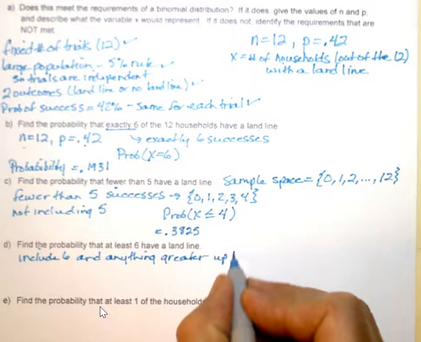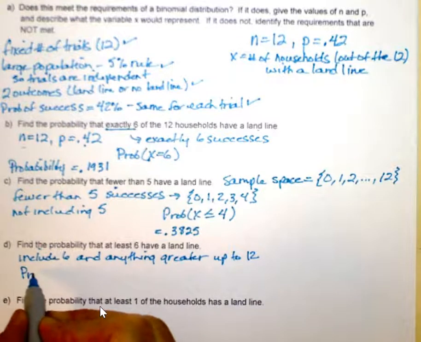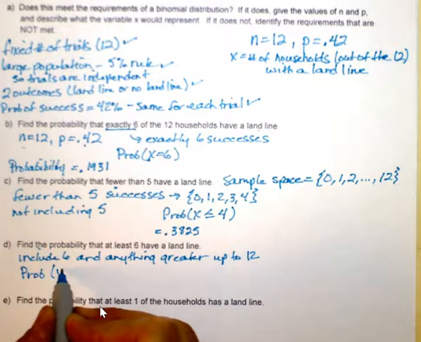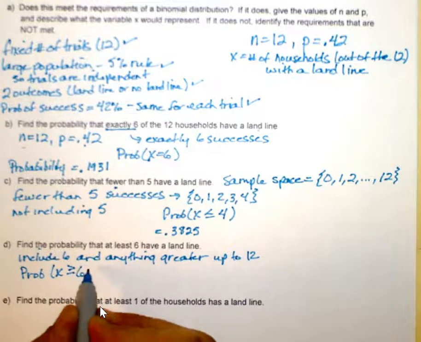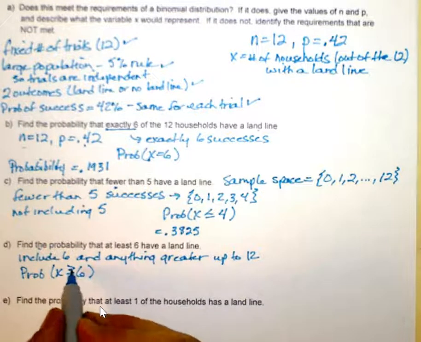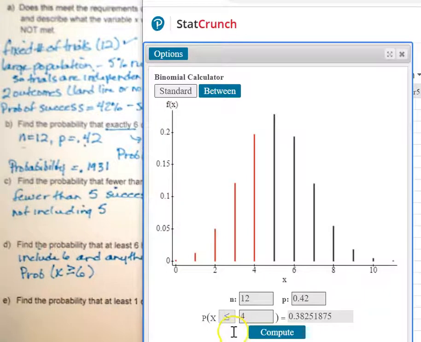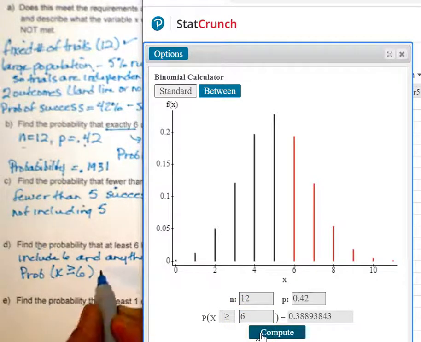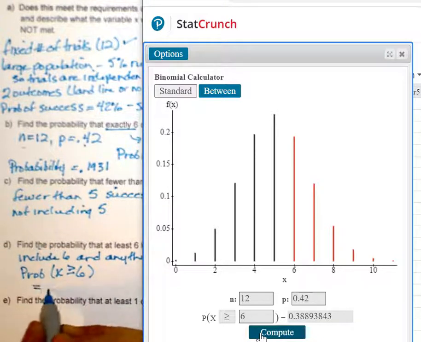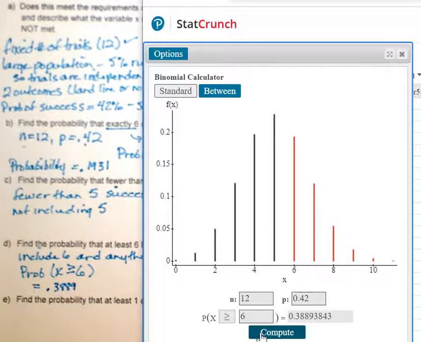That would mean we want to find the probability that x is greater than or equal to 6. That way we're including the 6 and anything greater. In StatCrunch, we're going to change our inequality to a greater than or equal to, and change this number to a 6. That's going to give us 0.3889 if we round it to 4 decimal places.